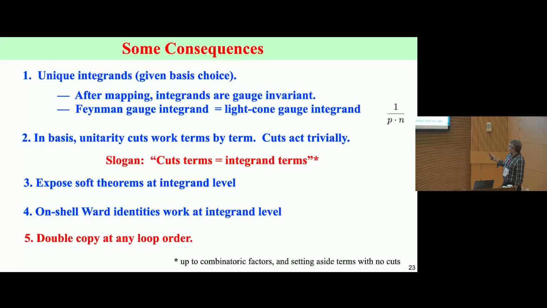Okay. So let's say some consequences, unique integrands. What this means is that after you do this mapping, all gauges are equal. For example, Feynman gauge integrand is light cone gauge integrand. Those of you who are old enough to know what Mandelstam-Leibbrandt prescription is, or principal part prescription for one of these light cone poles.